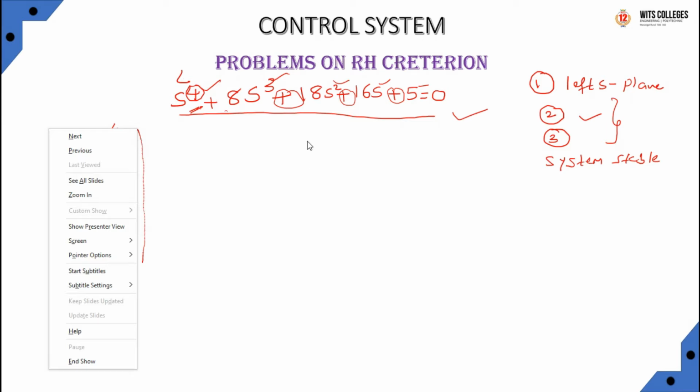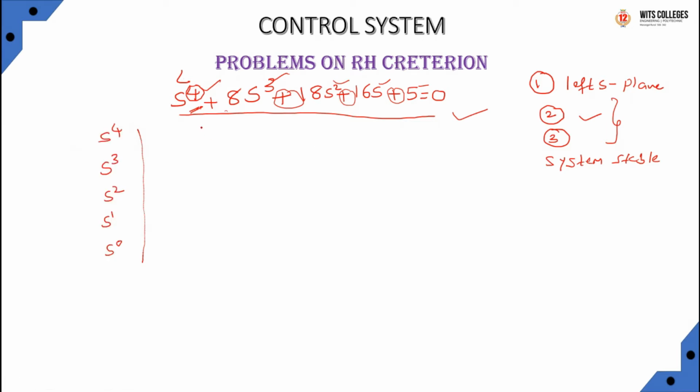Next, here s power 4 is the even term, and the coefficient of s power 4 is 1. The next one is 18, and the next one is 5. Next, s power 3 has 8, 16, and 0.